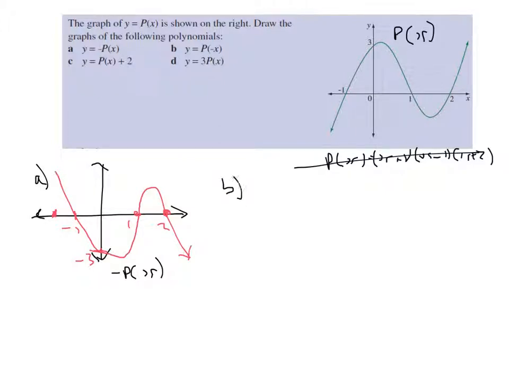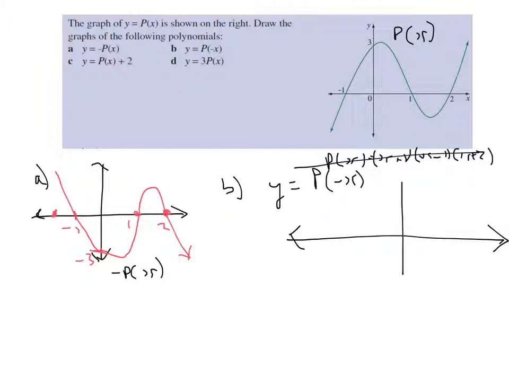Alright, so for b, y is equal to p of negative x. It's just like we get the y-axis and we flip it around. So we're going to be rotating it around the y-axis, which will give us values a bit like this.